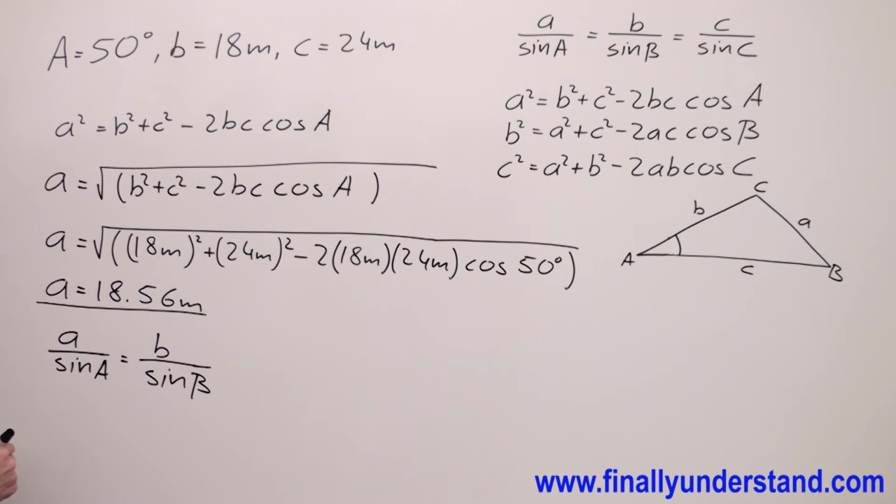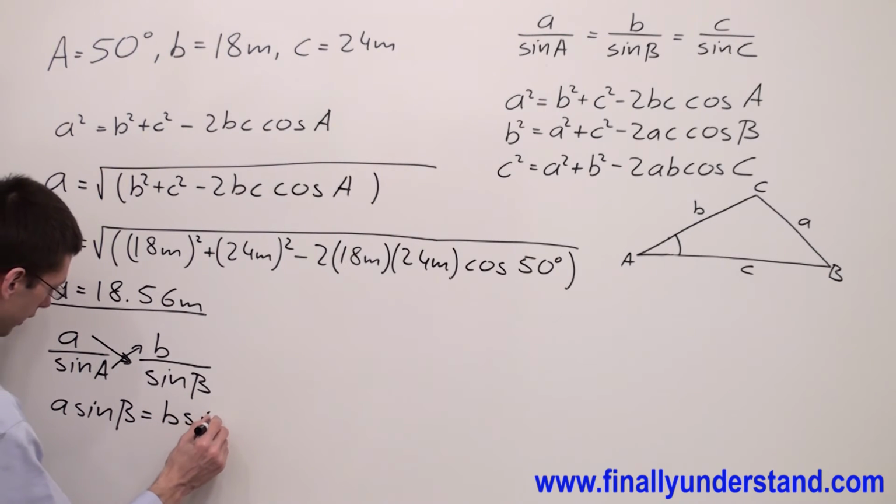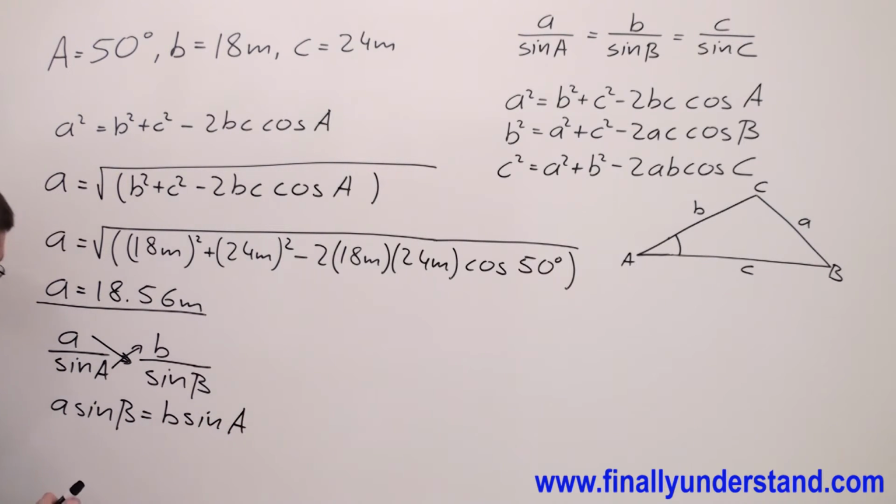Next, in order to find angle B, I'm supposed to cross multiply, and I'm going to have A sine of angle B is equal B sine of angle A. In order to find angle B, I'm supposed to divide both sides of my formula by side A. A and A will cancel out.